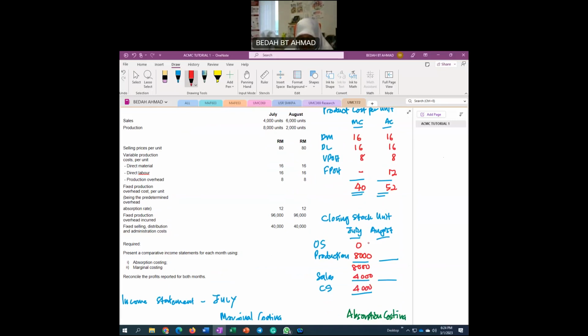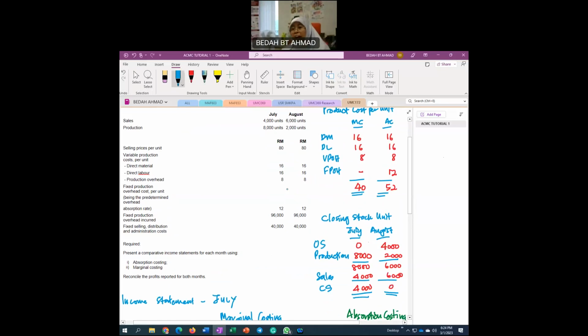In August, this closing stock becomes the opening stock, 4,000 carried forward, plus the production of 2,000, giving 6,000 in total. The units sold are 6,000, which means no closing stock.